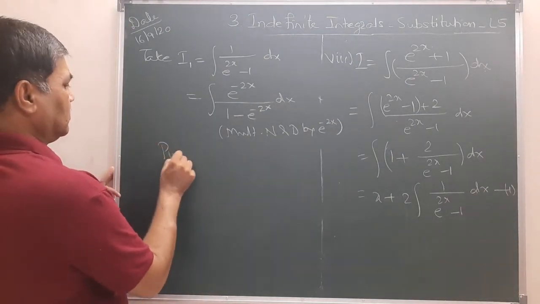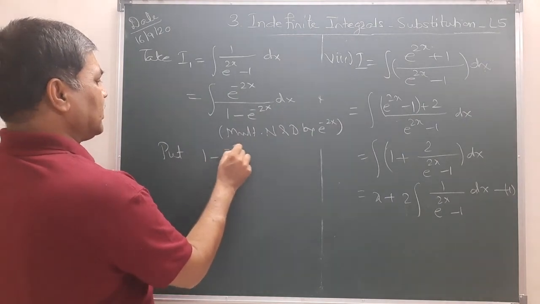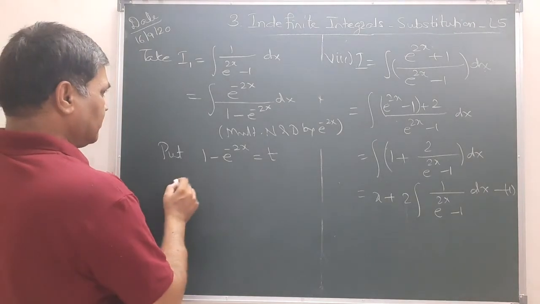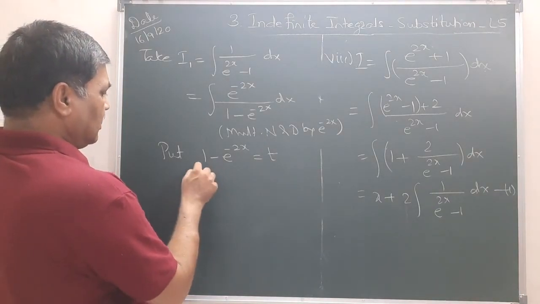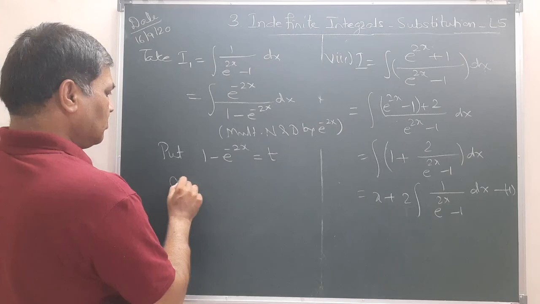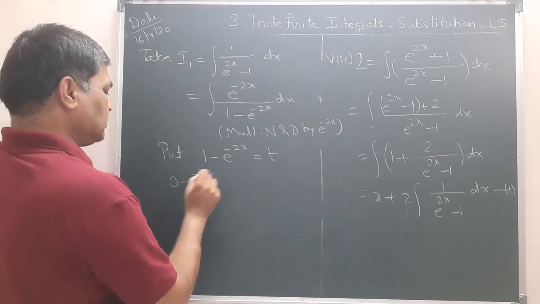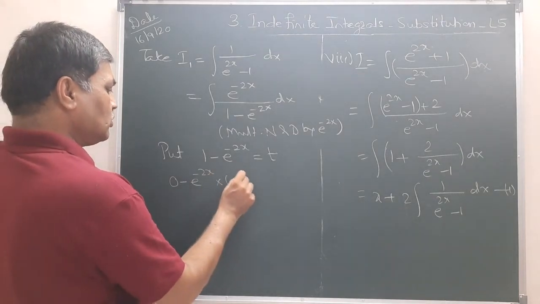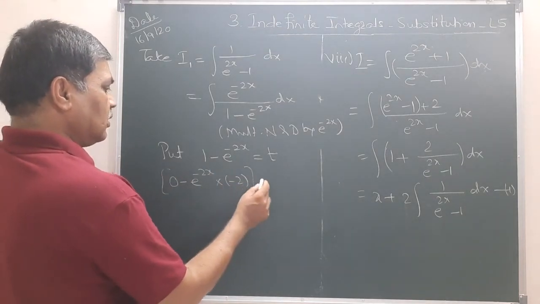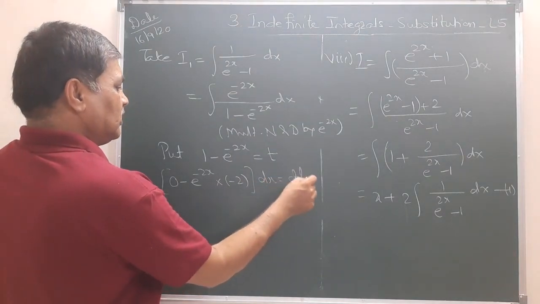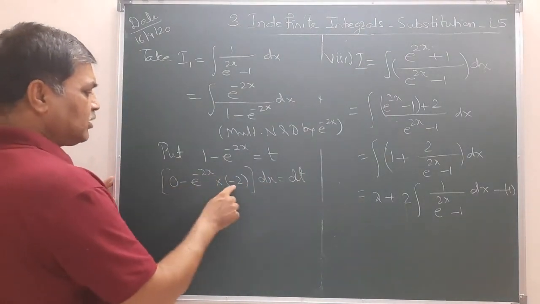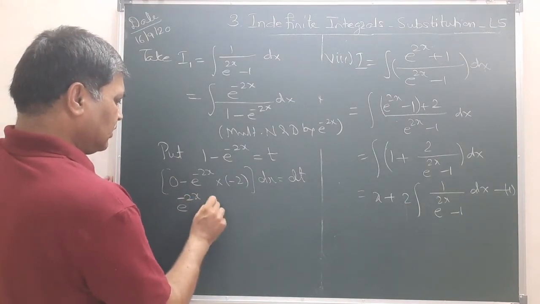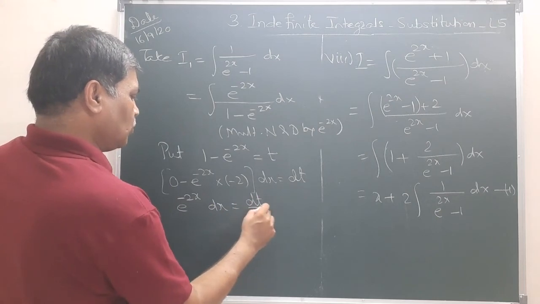Put 1 minus e raised to minus 2x is equal to t. Then derivative of 1 is 0 minus e raised to minus 2x into derivative of minus 2x is minus 2 dx is equal to dt. Minus minus plus 2, so 2 e raised to minus 2x dx is equal to dt.